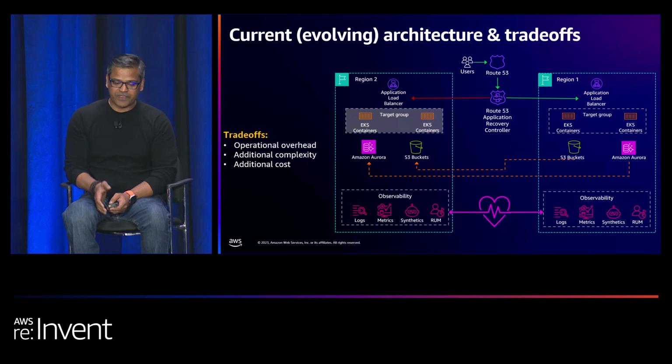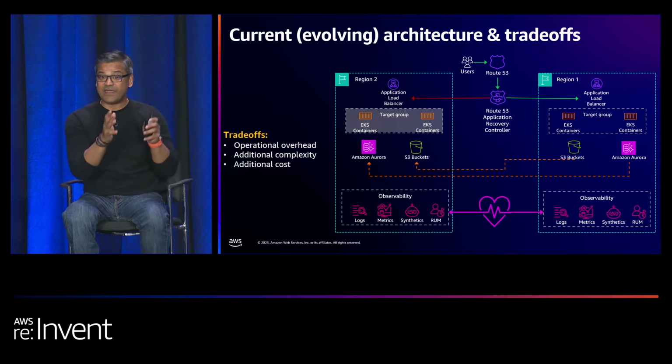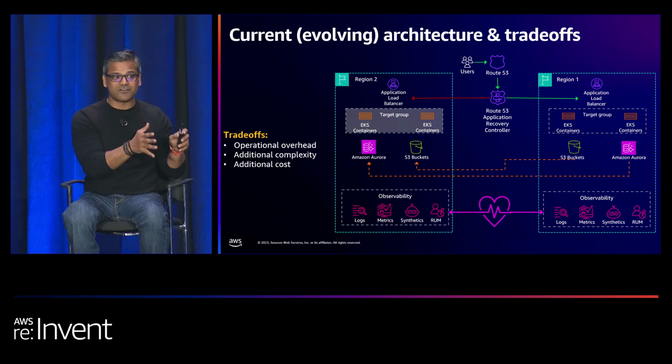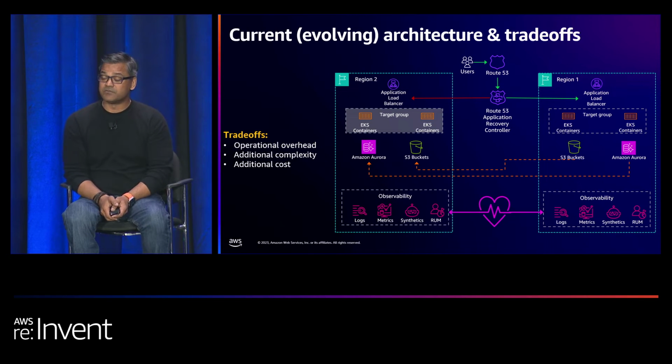And one thing I want to call out here is that by taking all these incremental steps, there were also certain trade-offs to make as part of this. Of course, it made absolute sense in the context of their business and the criticality of the systems they were running. But the trade-off here was operational overhead.